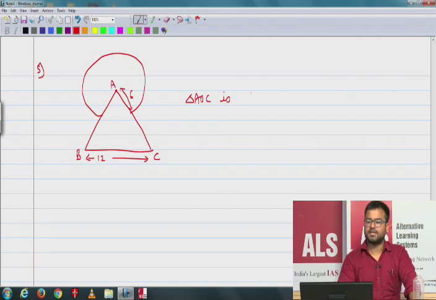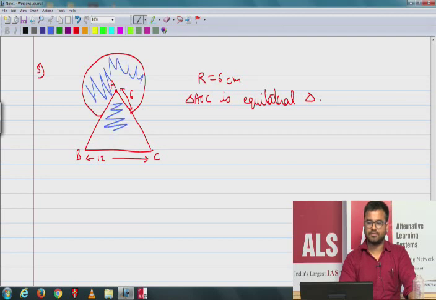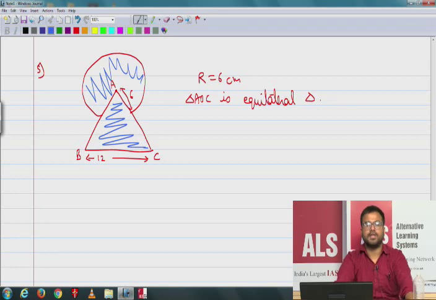Triangle ABC is an equilateral triangle and the circle has a radius of 6. So you have to find the area for the shaded region, this one. Find the complete area where A is also the center of the circle.